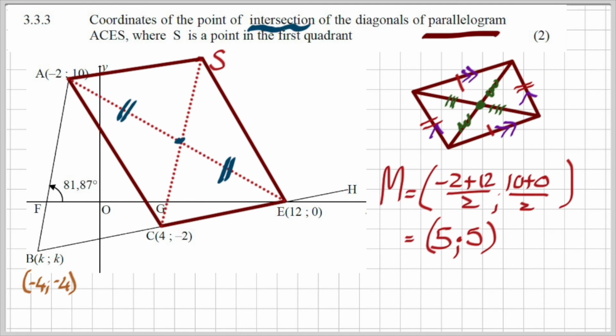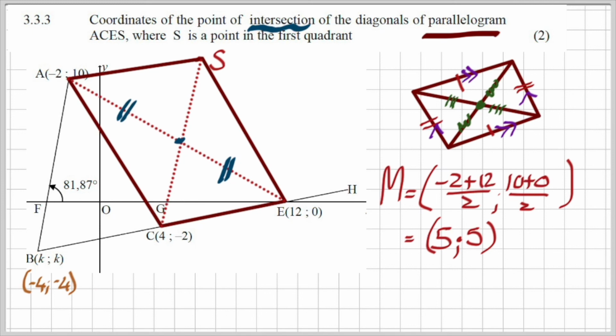But now the question that I want to ask you is, what if they asked you to actually determine S's coordinates? You can go the long route by using midpoints or formulas like that, and it wouldn't be wrong, but let's look at an easy way of determining S's coordinates.